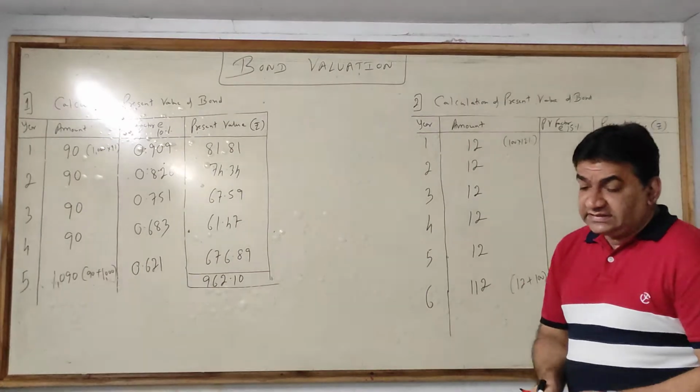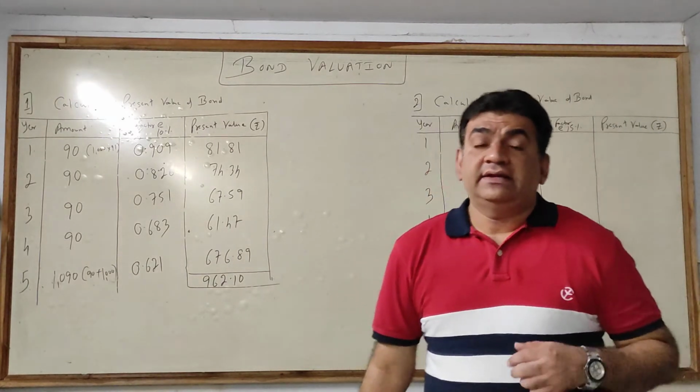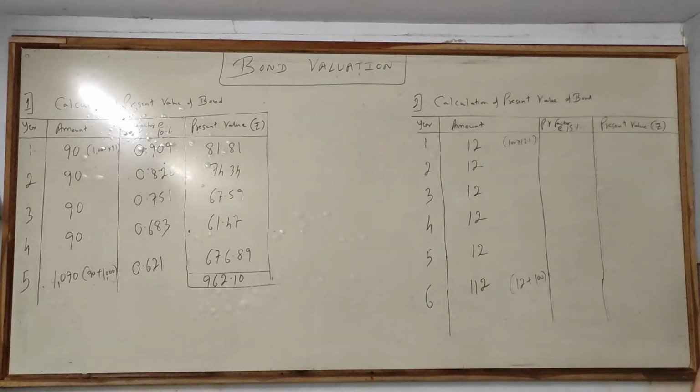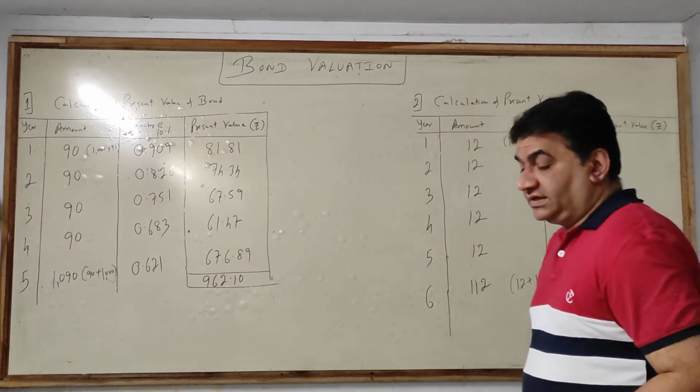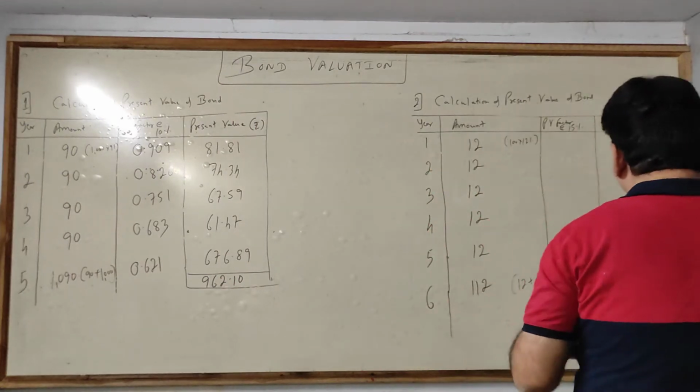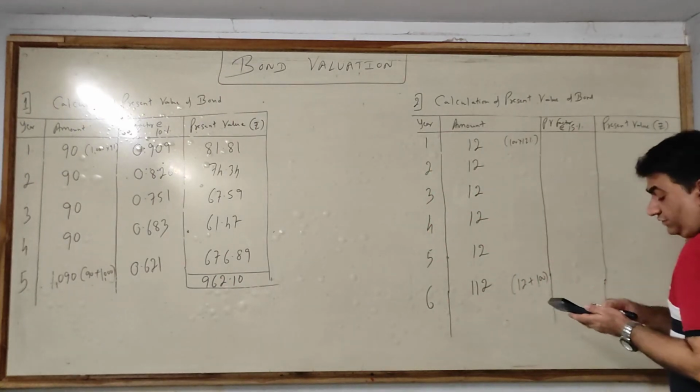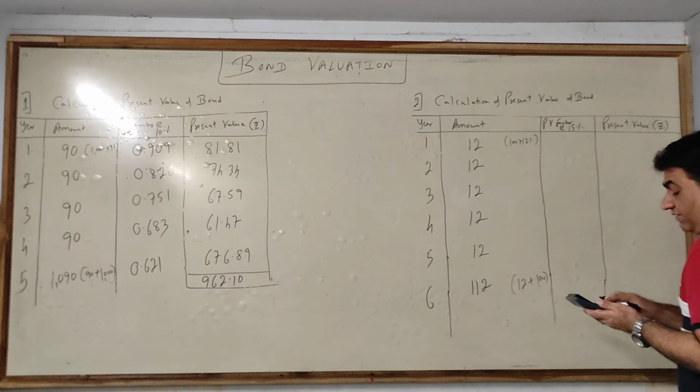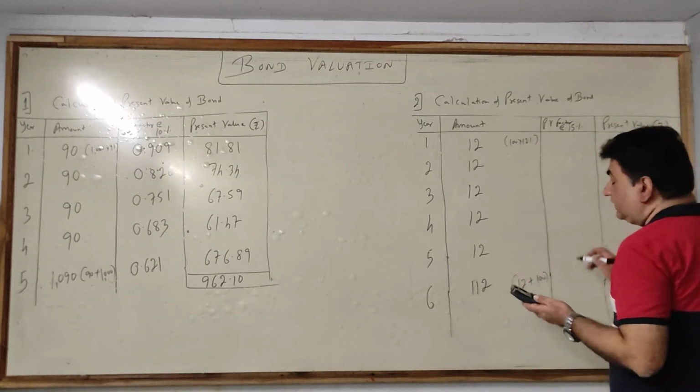So in the 6th year I will get 112 rupees. Getting it? So I will get interest every year, plus in the last year I will get back the amount I invested. The same way, first the PV factor. Now the rate is 15%. So 1 divided by 1.15. Let's start.